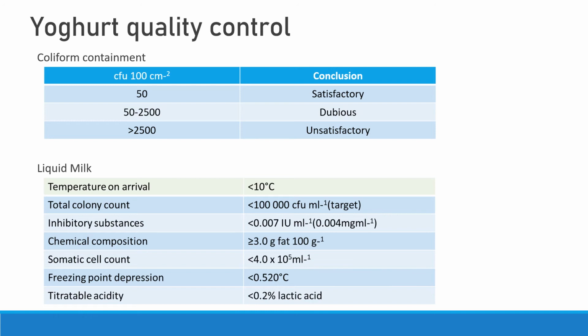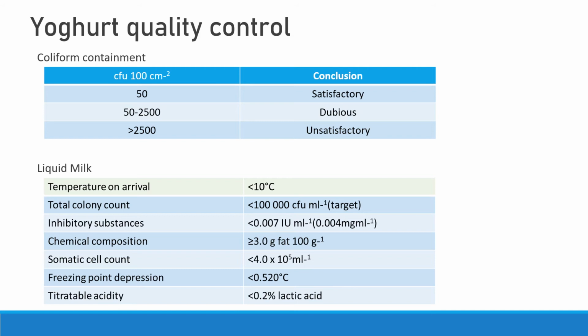Okay, next up is going to be a little bit more specific. For the coliform containment itself, 50 CFU per 100 square centimeters is satisfactory. 50 until 2500 is doubtful, and more than 2500 is unsatisfactory. For the liquid milk itself, temperature on arrival is below 10 degrees Celsius.